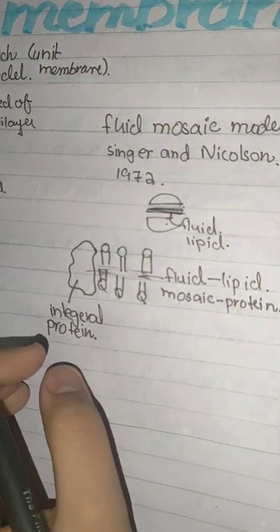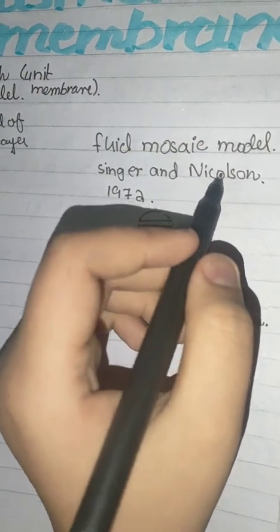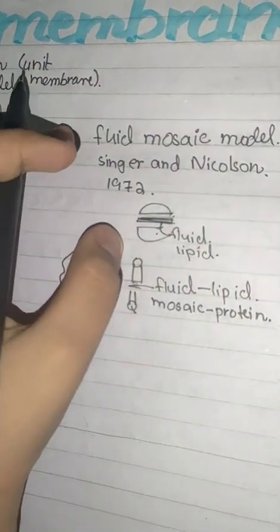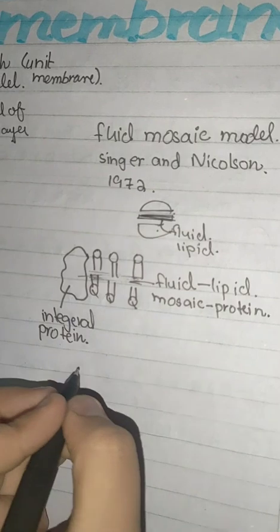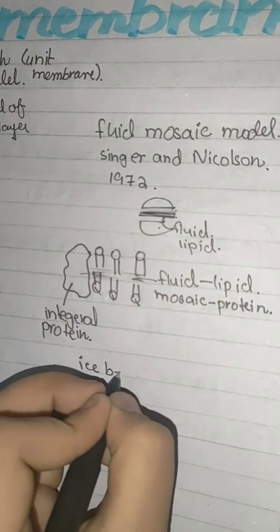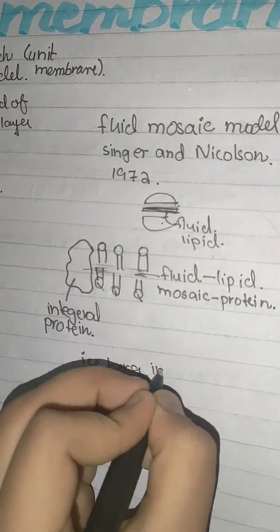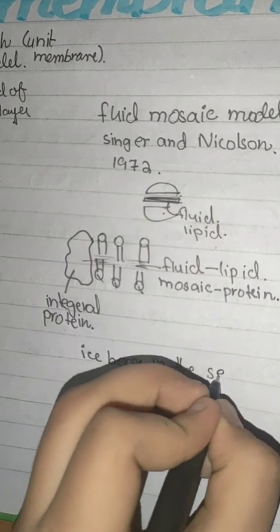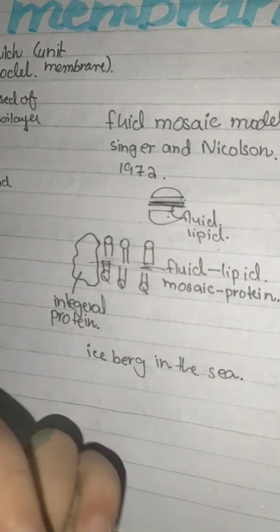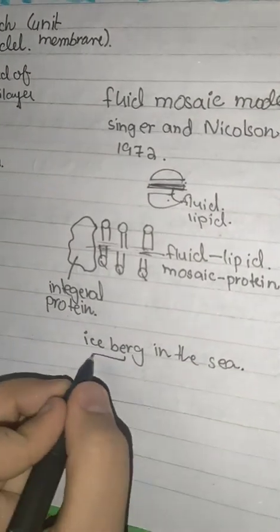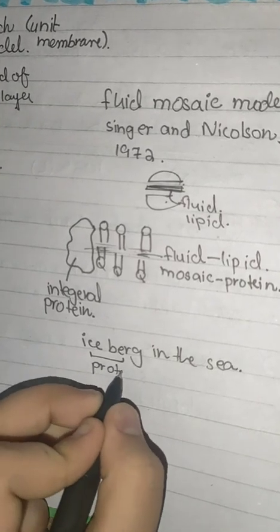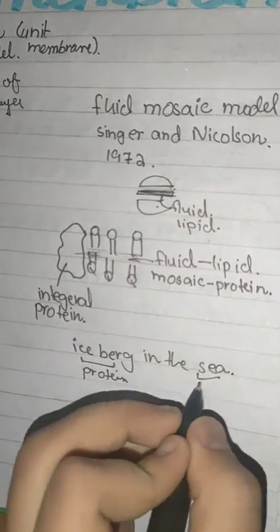In the fluid mosaic model, this model is basically like an iceberg in the sea. How? The iceberg is denoted as protein and the sea is denoted as lipid.